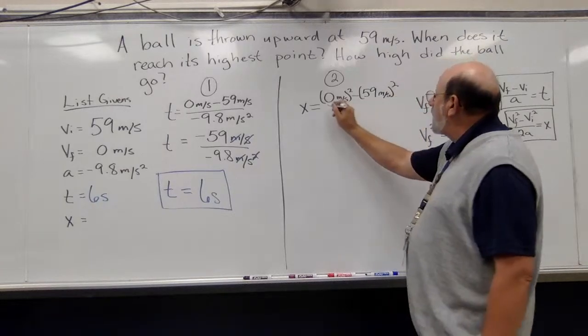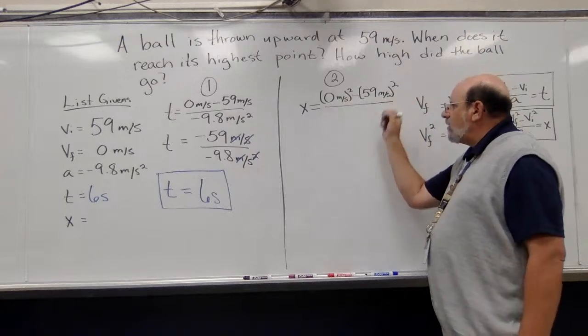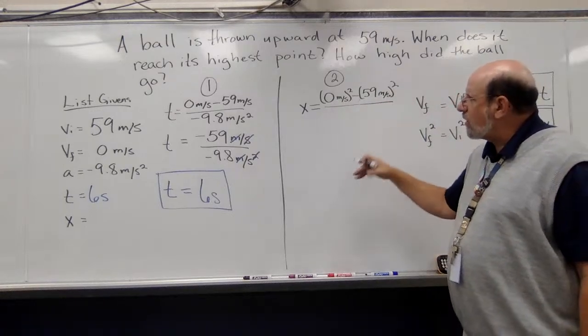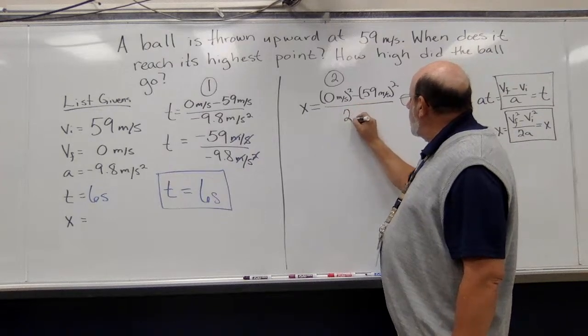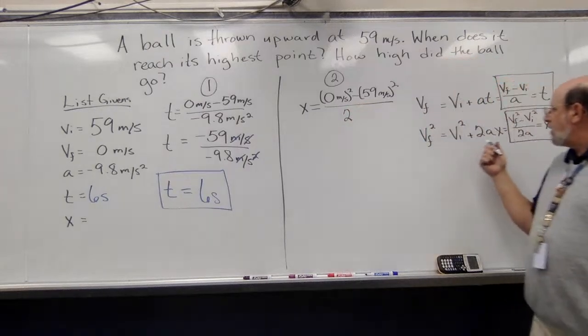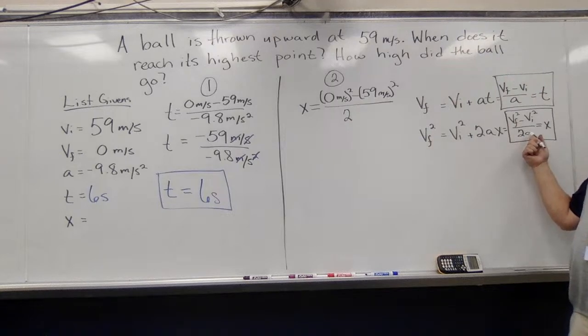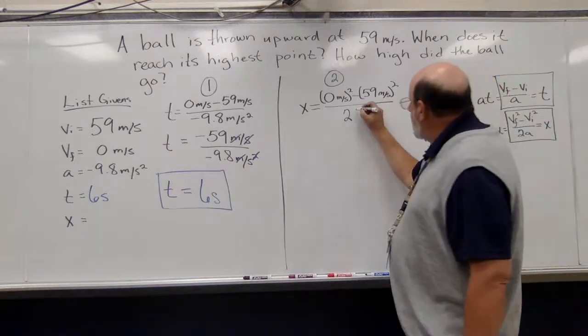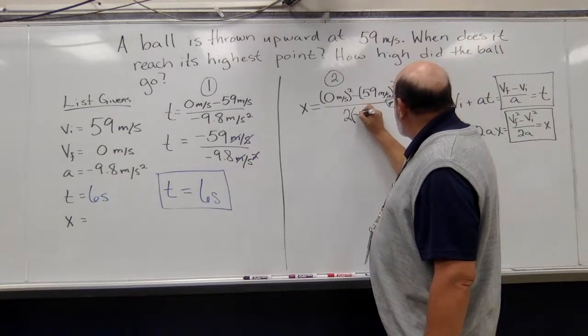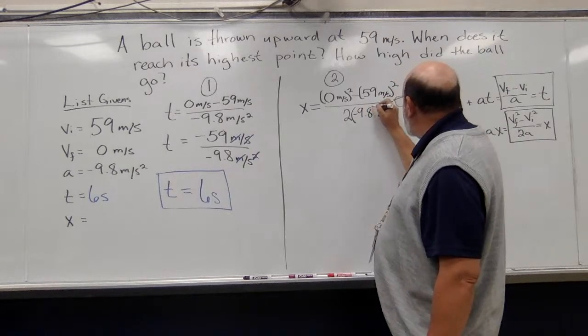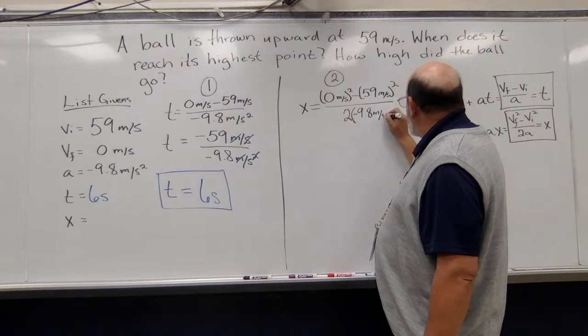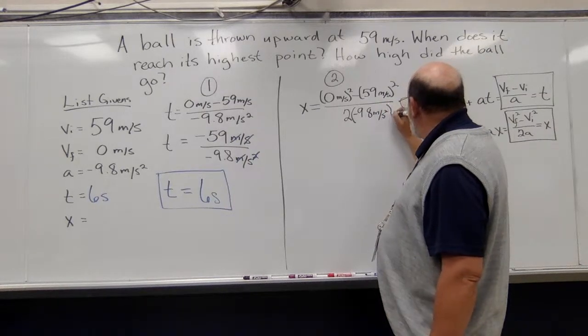And I need to write it like this before I start doing any work. We're going to do just a little bit of extra work here. Divided by 2 times our acceleration, right? 2 times our acceleration, which is the acceleration due to gravity, which is negative 9.8 meters a second squared, right?